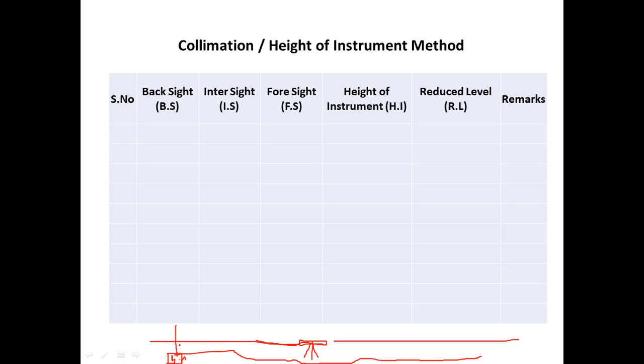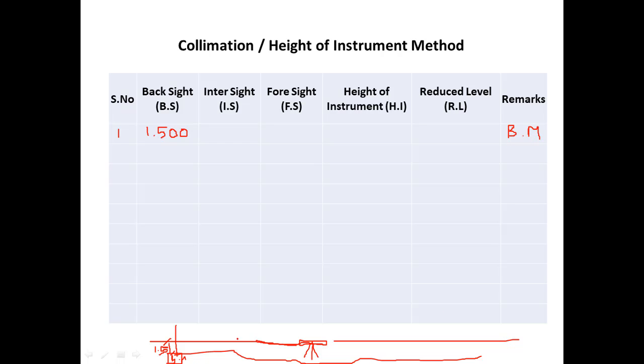This is my first reading. For example, I am getting 1.5 meters on the leveling staff, so I write this 1.5 in the backsight, and in the remarks as benchmark.